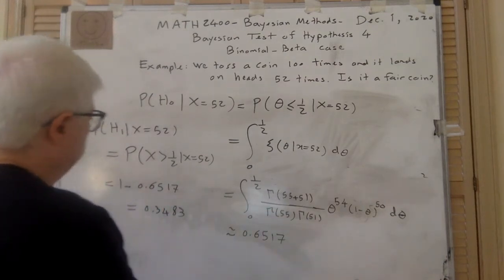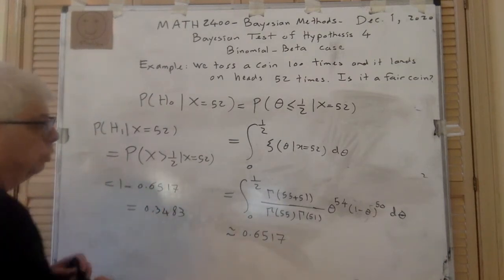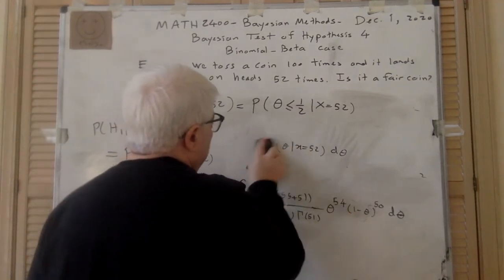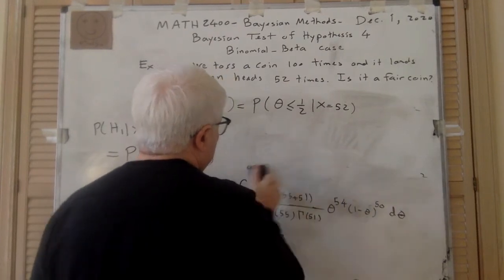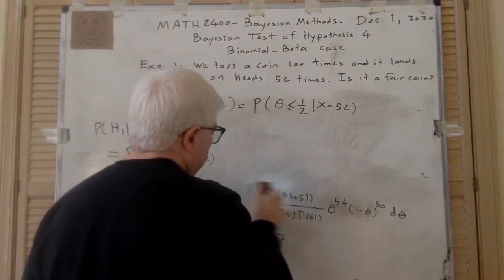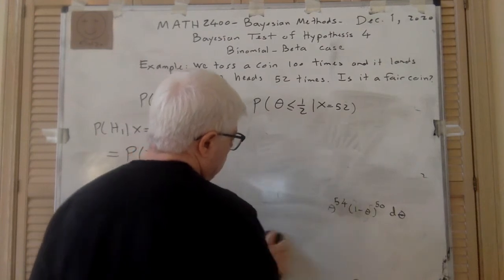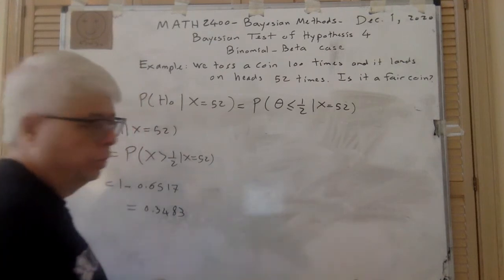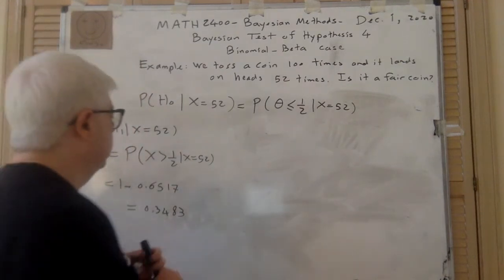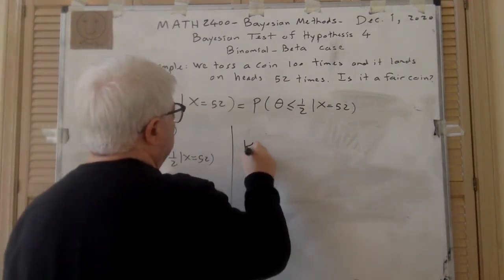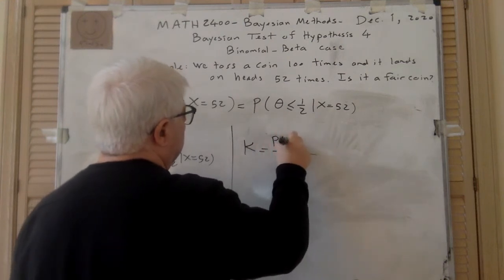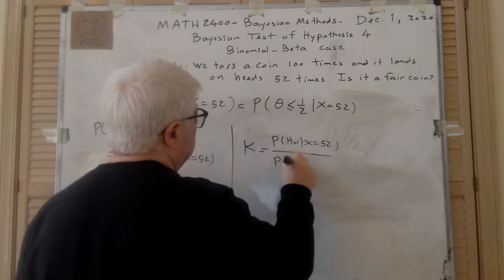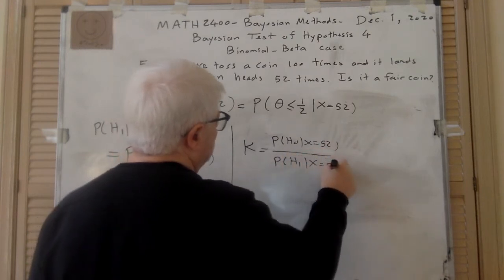So if I divide them, I will get that K is in fact P of H0 given X is 52 over P of H1 given X is 52.